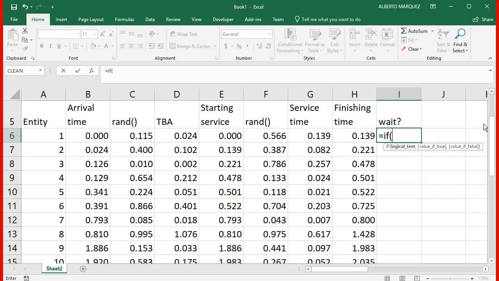if the starting service time was equal to the arrival time, then there was no wait. Otherwise, yes, there was wait.